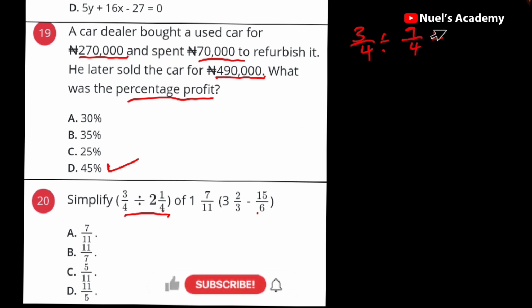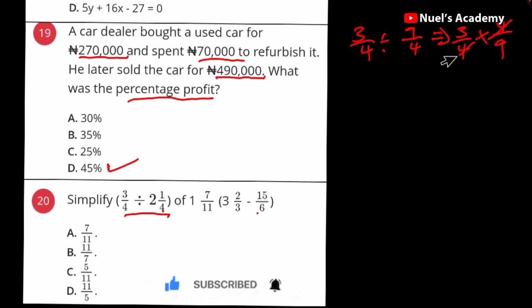Now this is going to be equal to 3 over 4. This division sign, you convert to multiplication sign, then reverse this fraction, it will be 4 over 9. So this and this will cancel. 3 divided by 3 is 1, 9 divided by 3 is 3. So the whole of this bracket is going to be equal to 1 over 3. Now let's solve this one. Now let's convert this 1 and 7 over 11 to improper fraction.